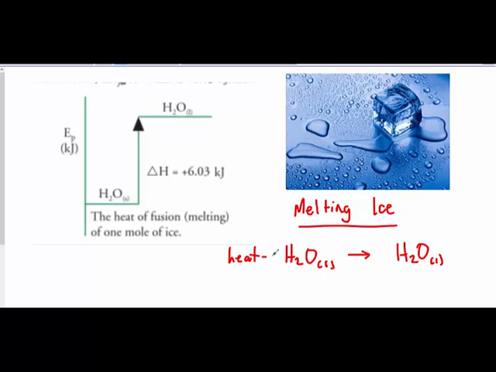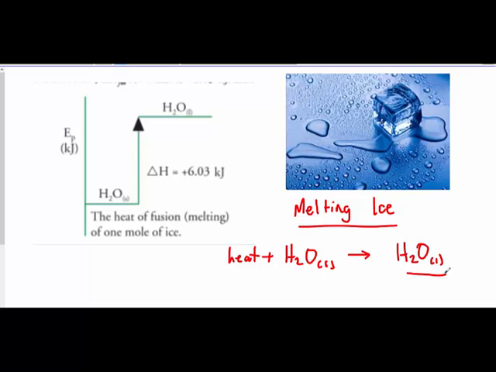The solid water will use some of the energy from the surroundings in the form of heat to break some of the attractive forces between the solid water molecules and separate in order to become a liquid substance. In doing so, we are putting energy into the system. It's entering the system from the surroundings to give us liquid water.